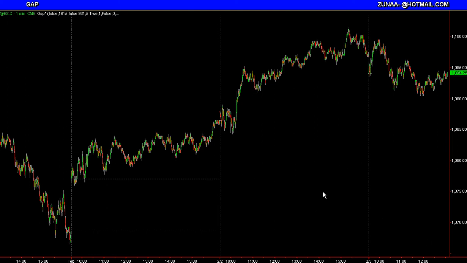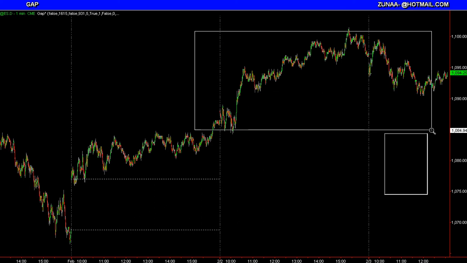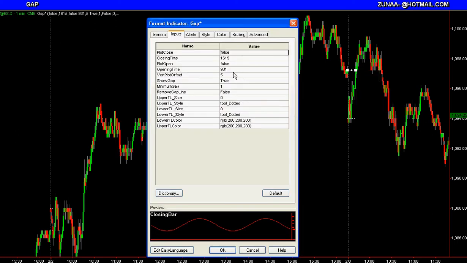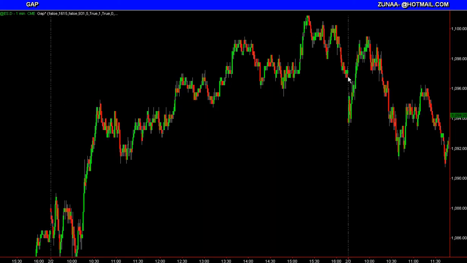As you can see, this gap is not filled yet. There are two smaller gaps here and here and here and here that have been filled. If you don't want to see those trend lines any longer, then what you would do is change that to true, and it would remove them for you.